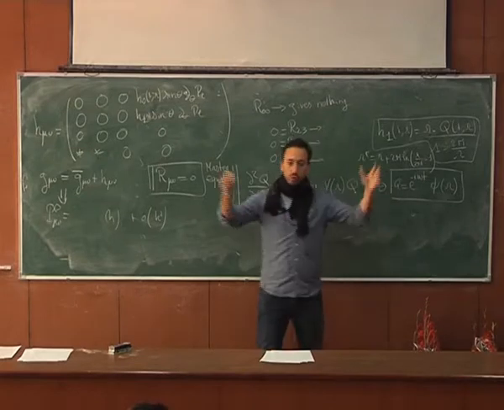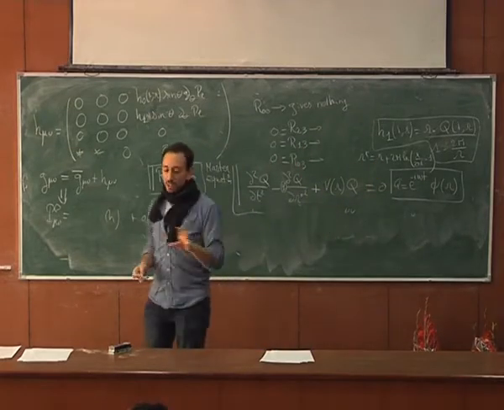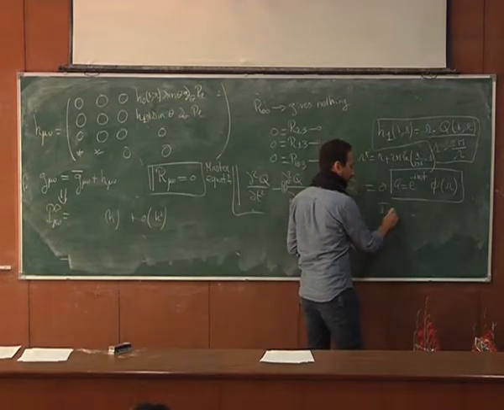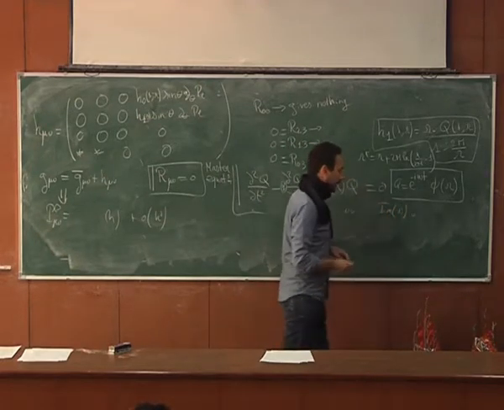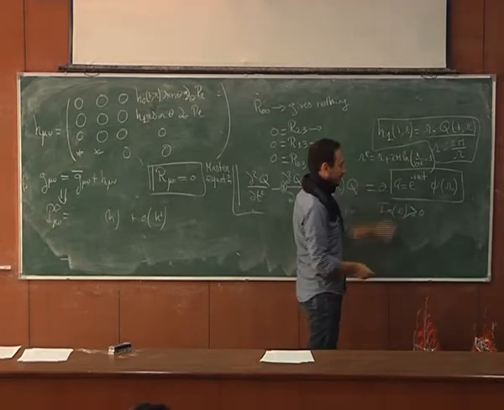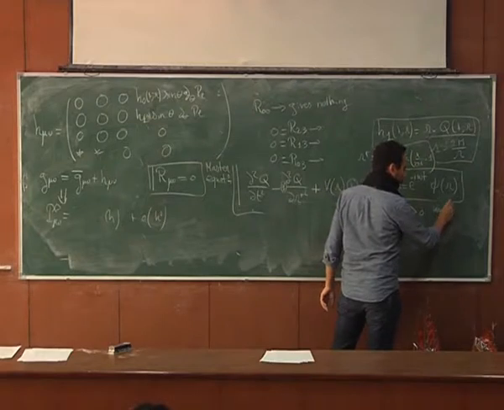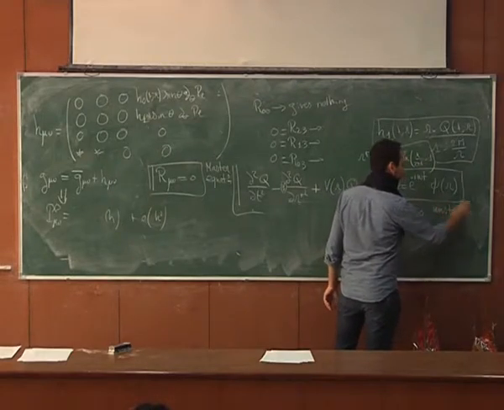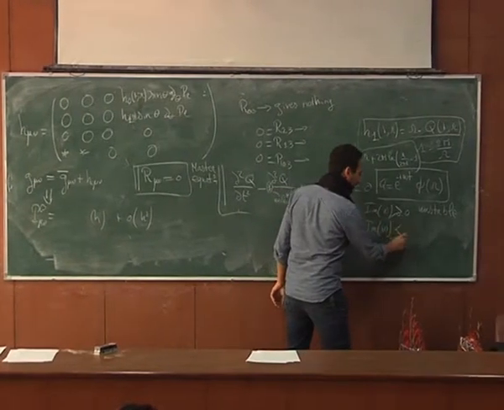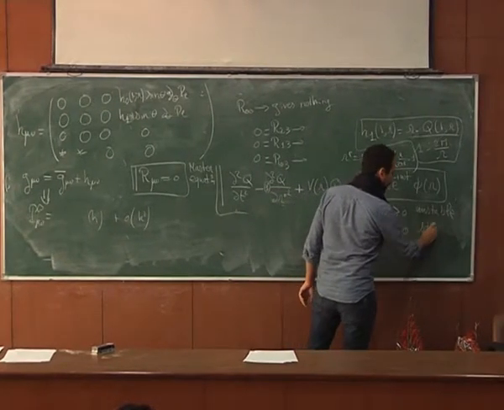Your perturbation will grow with time. When the imaginary part of omega is positive, then this grows with time, and the black hole, you say it's unstable. If the imaginary part of omega is negative, then it is stable.